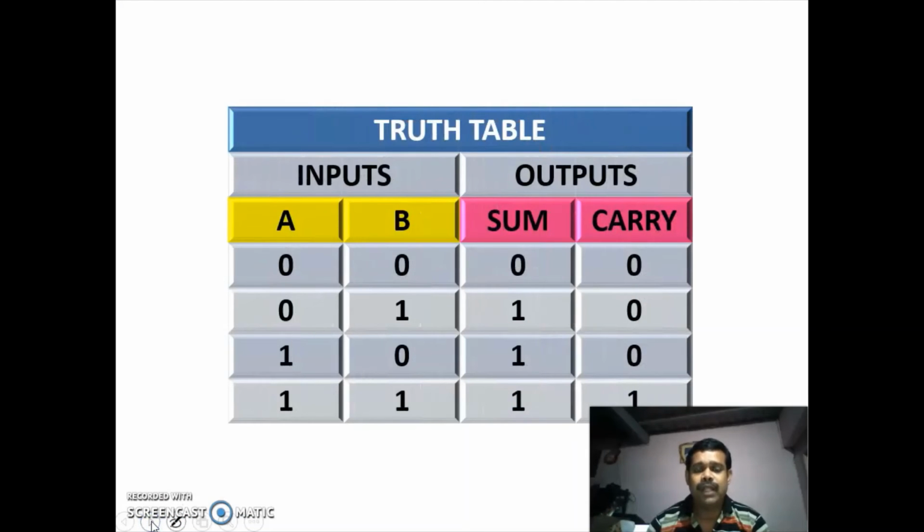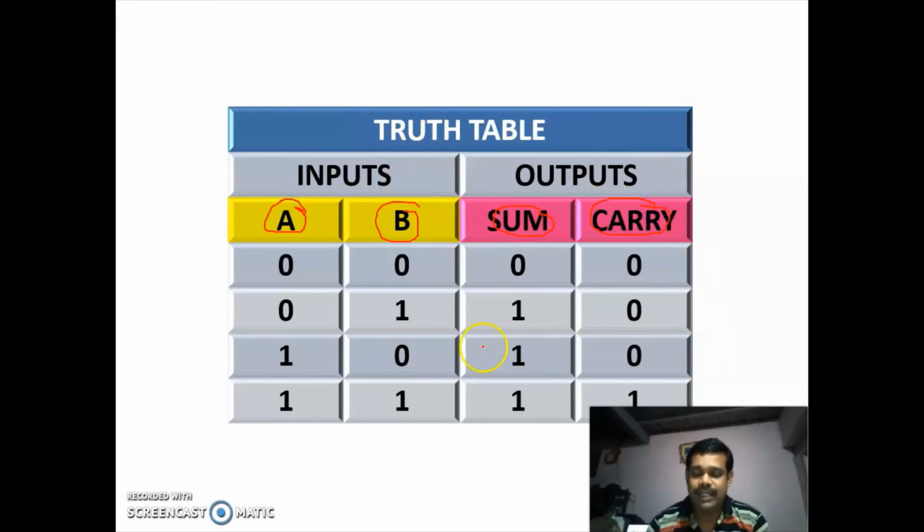Now we are going for the truth table. How many inputs does it have? It has two inputs, A and B. And how many outputs? Two outputs, sum and carry.